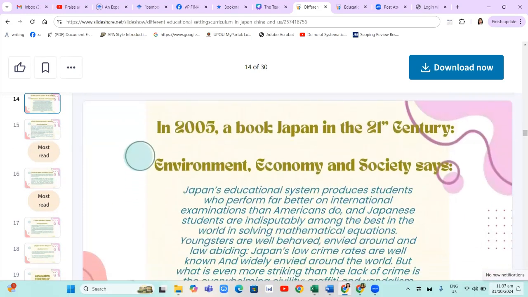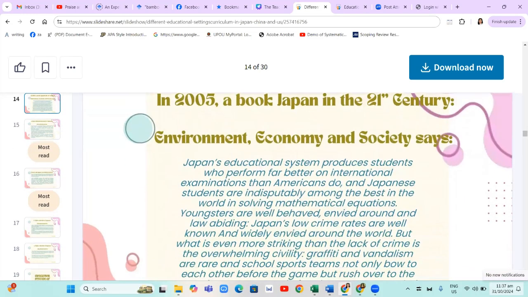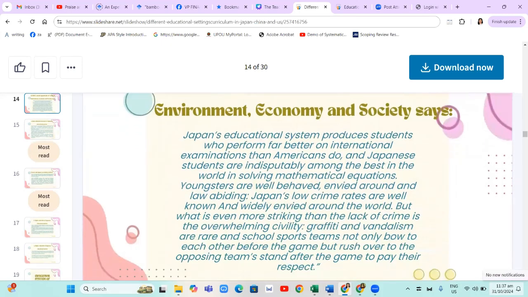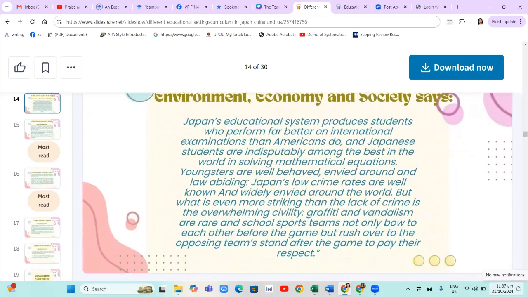In 2005, a book, Japan in the 21st Century, Environment, Economy, and Society, says Japan's educational system produces students who perform far better on international examinations than Americans do, and Japanese students are indisputably among the best in the world in solving mathematical equations. Youngsters are well behaved, envied around the world, and law abiding.